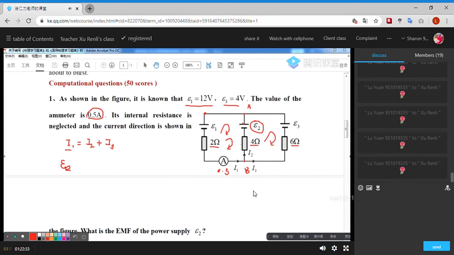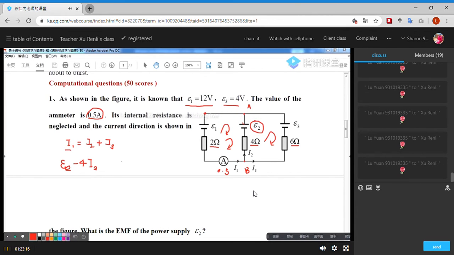Our loop direction is opposite to the current, so it's minus I2 multiplied by the resistor, here 4, so minus 4I2, because the resistance is 4 ohm.